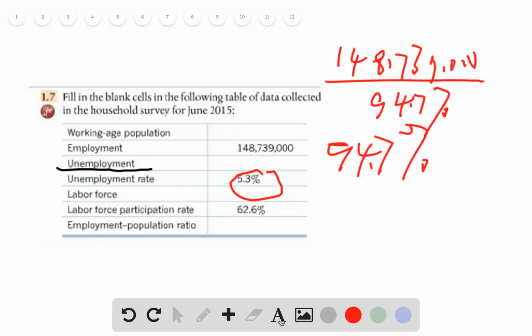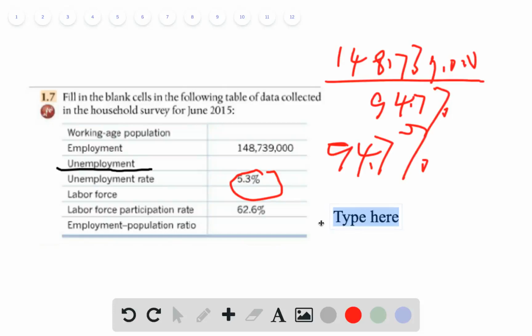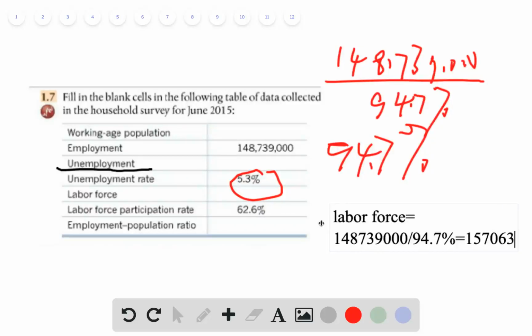So if you do this calculation, the labor force in the market actually equals 148,739,000 divided by 94.7%. So that equals 157,063,358.